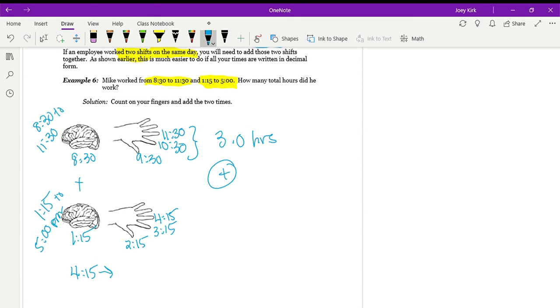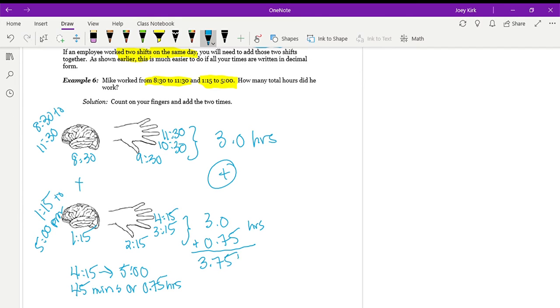We can't count it on our fingers, but we can figure out that that is going to be 45 minutes, or 0.75 hours. So here he worked a total of 3 hours plus 0.75 hours, so his total for the second shift would be 3.75 hours.